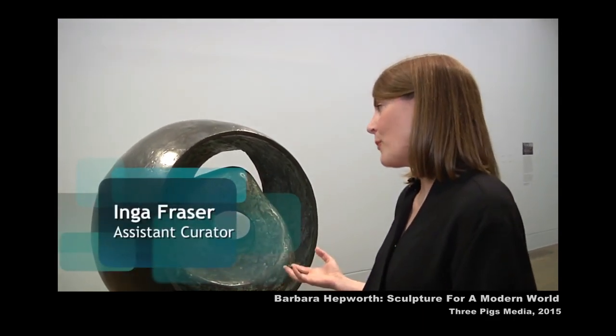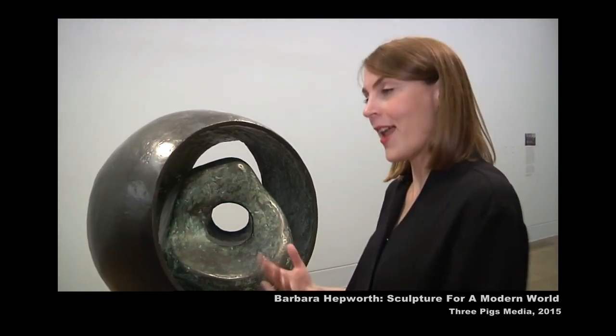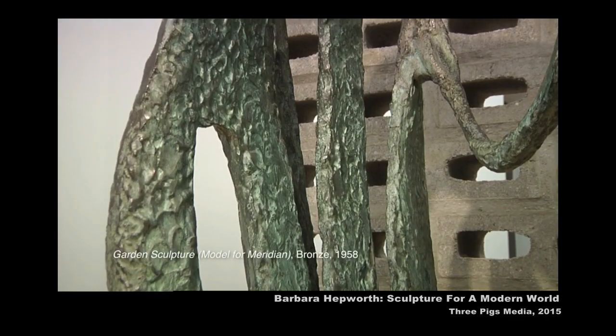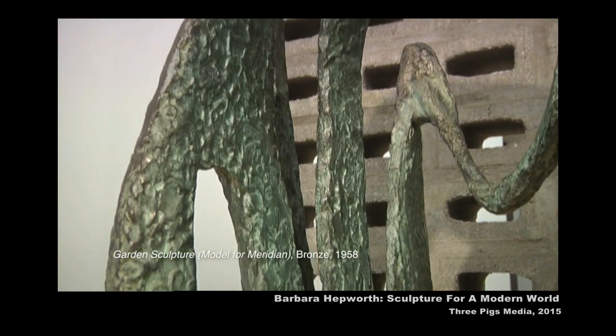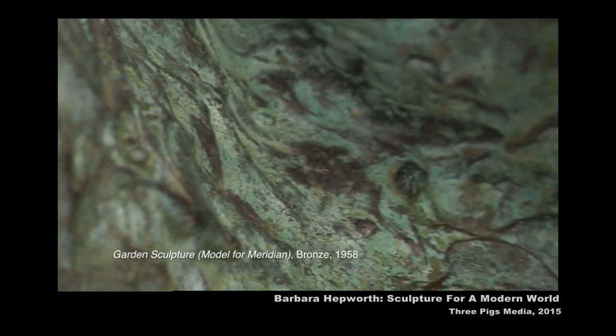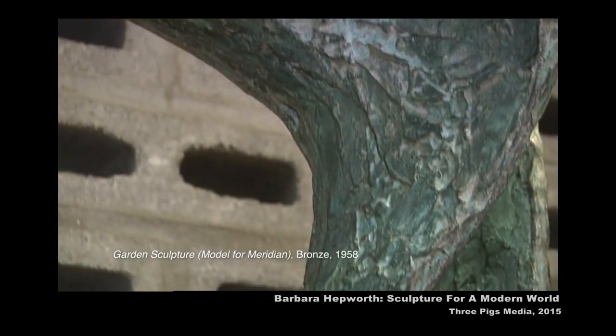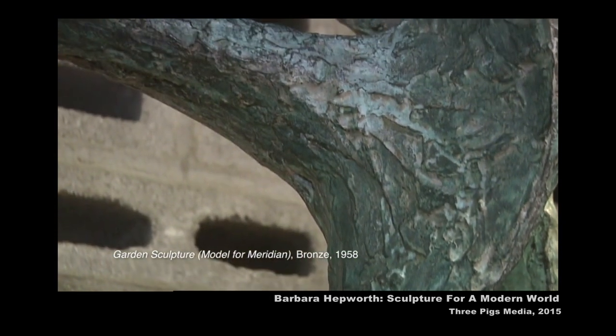And I think often people read this work as something akin to a nut or an acorn, and that's kind of how she saw it herself as well. And it's one of a series of works in which she takes the forms and growths of nature and is able to interpret those in three-dimensional sculpture.